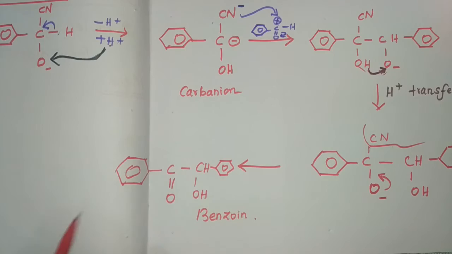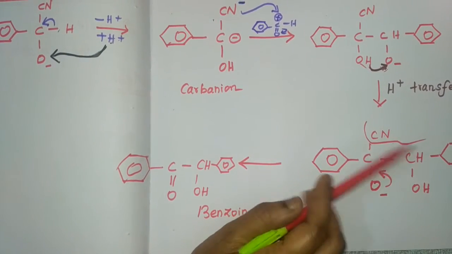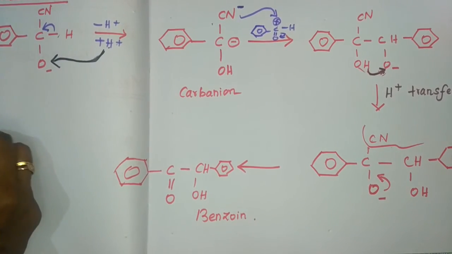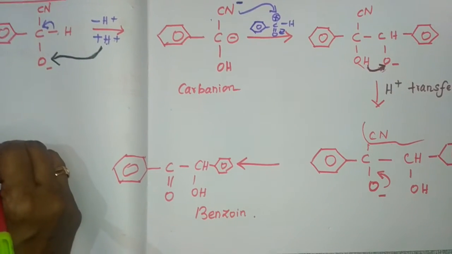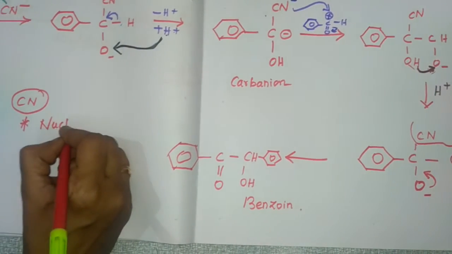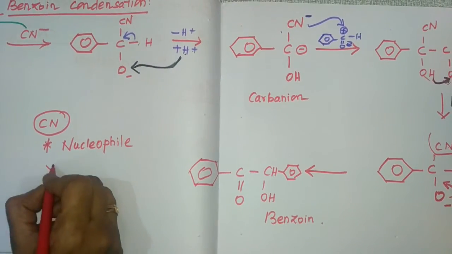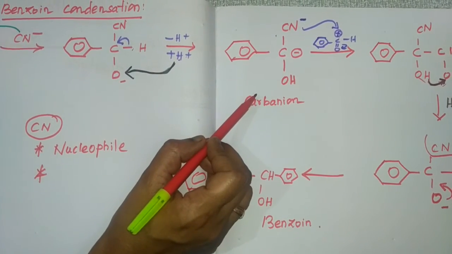So what is the role of the CN? What is the role of the cyanide? It acts as a nucleophile. Next, it gives stability to the carbanion.